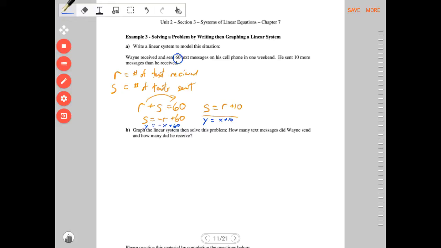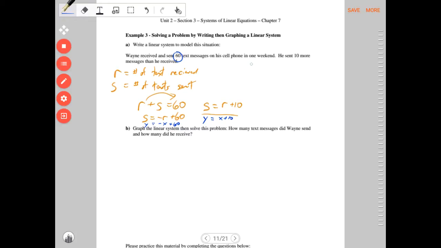So if I go up to 80 for each, so X max 80 and Y max 80, we'll be able to see it no trouble. So we do have to play with the windows a little bit for these things. Anyways, those are our systems. I want you guys to graph these now. And then the question is, how many text messages did Wayne send and receive?